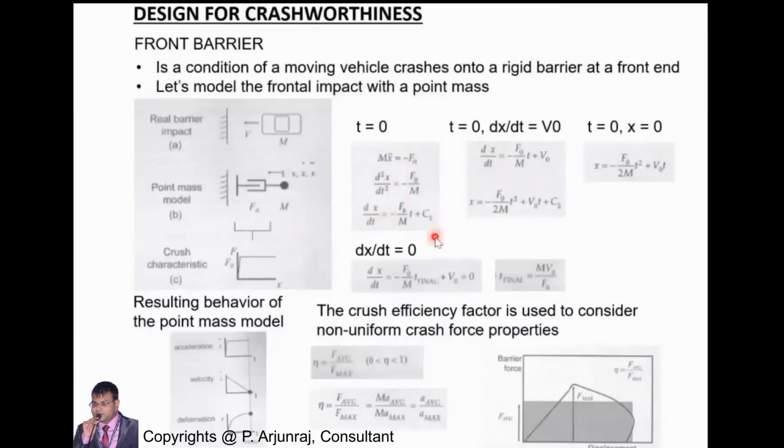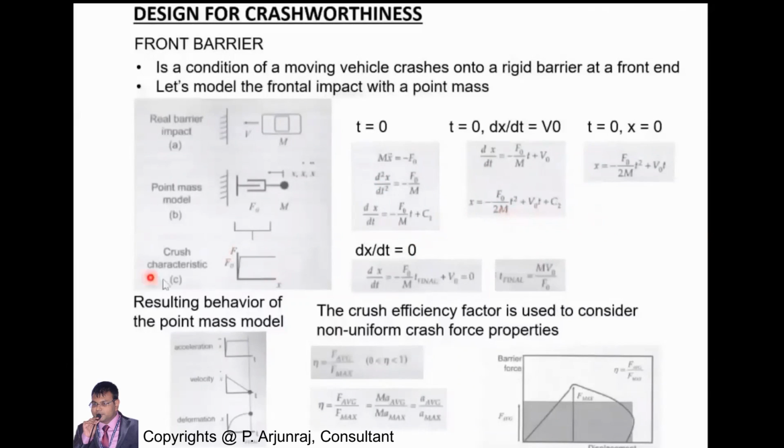Okay. And according to this, what happens when you do the integration? This is the velocity dx by dt, and we have a constant called c1. And x is nothing but the displacement. So when you take the displacement, x is nothing but F by 2m t square plus v0 t plus c2. c2 is again going to be a constant.